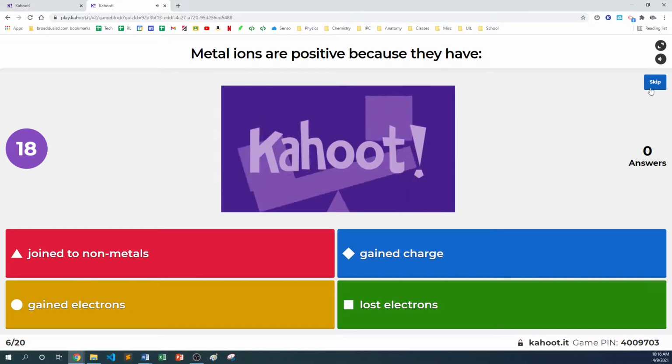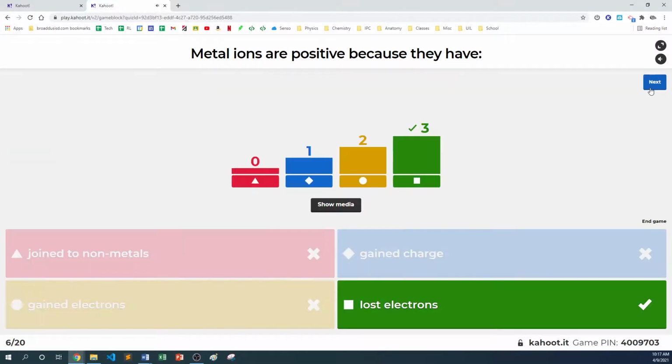Metal ions are positive because they lose electrons. Electrons are negative charges. They lose negative charges.